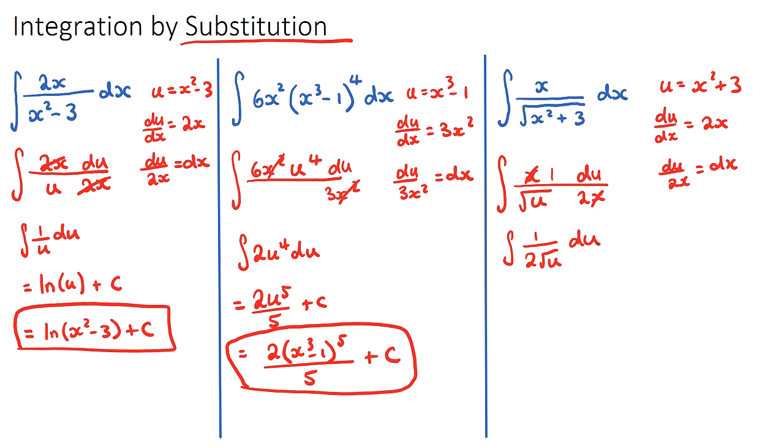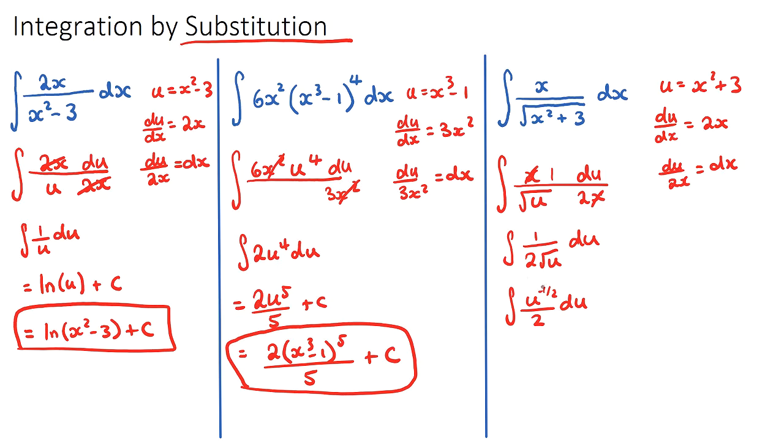And this is just an integration where we need to use our indice laws. This is the integral of, now the 1 and the 2 need to stay there, but the root u is the same as u to the half, u to the power of a half on the denominator, which is also the same as u to the negative a half on the numerator. That's our indice laws. So u to the negative a half over 2.